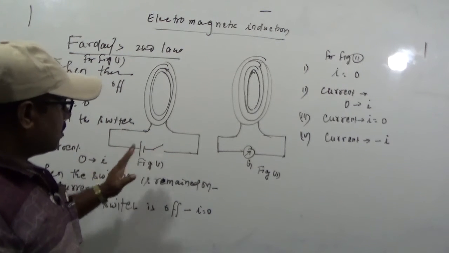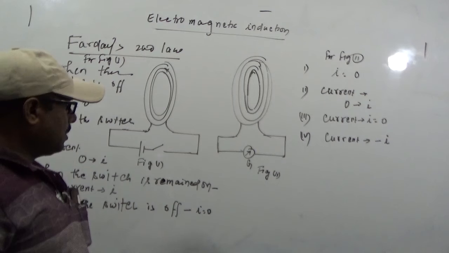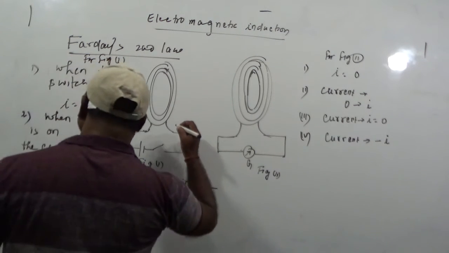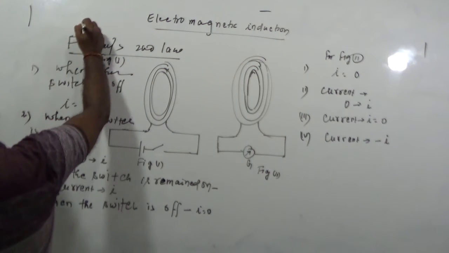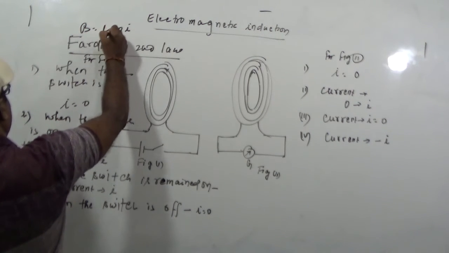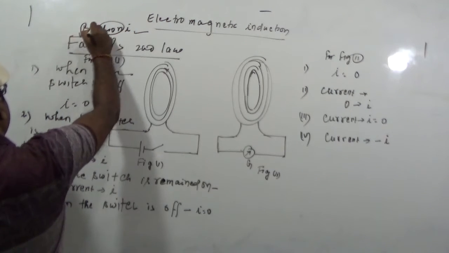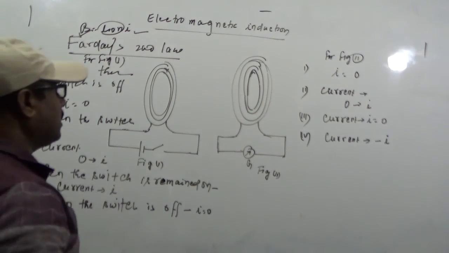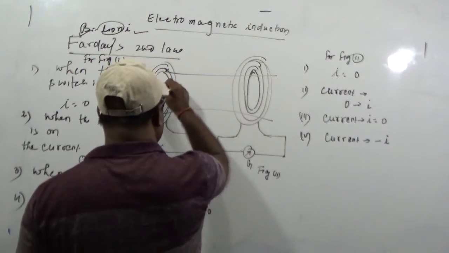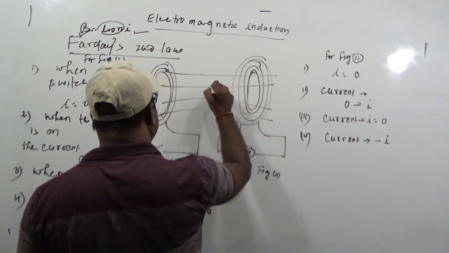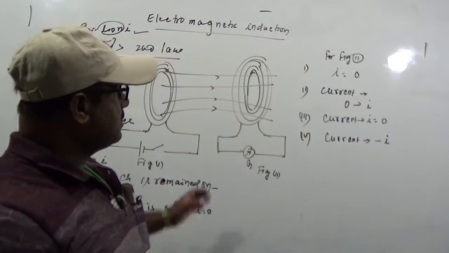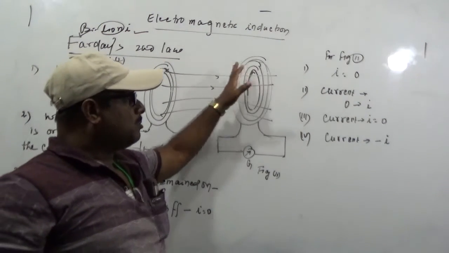When the switch is on, the current is flowing through it, and when the current is flowing, the magnetic field develops. B is equal to mu naught nI. Even if you forget all this, this current produces a magnetic field, and the magnetic field lines pass through it like this. Earlier how much flux was there?